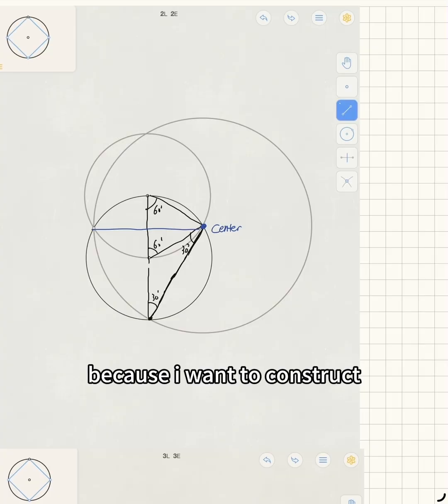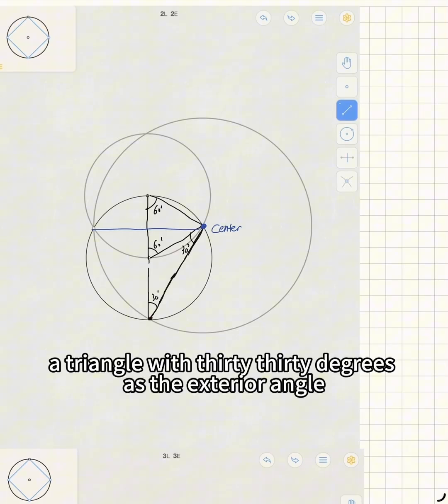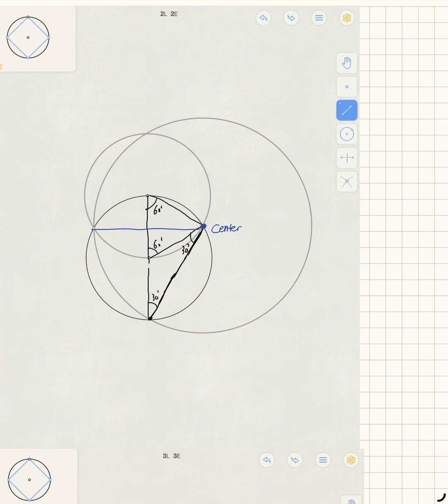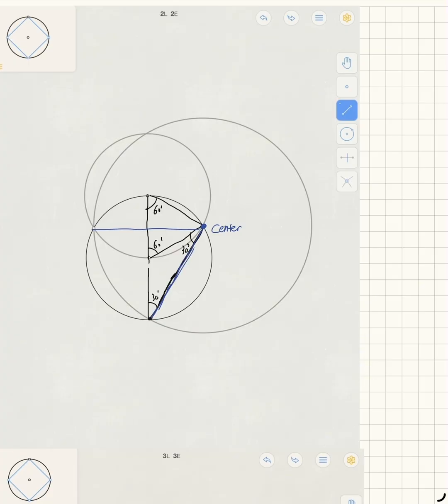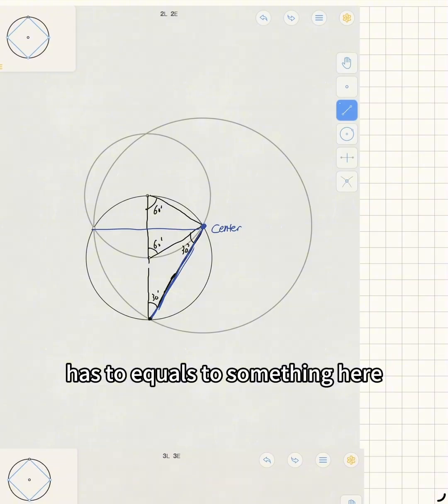Because I want to construct a triangle with 30 degrees as the exterior angle, because I know the radius of this has to equal something here.